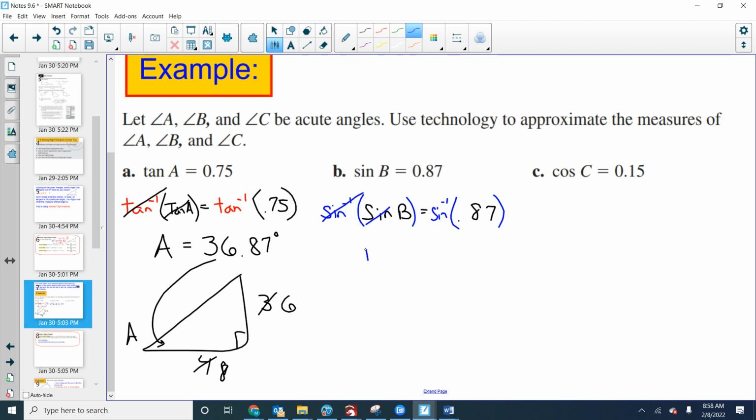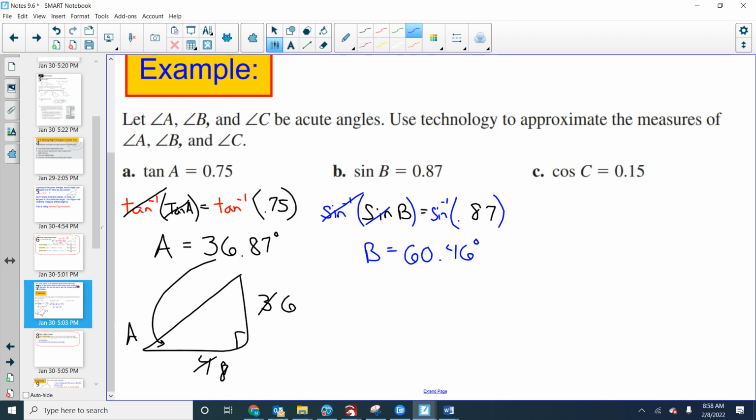We have angle B. And the right side goes in our calculator. What is the answer? 60.46. And what would the units be on that? Degrees.